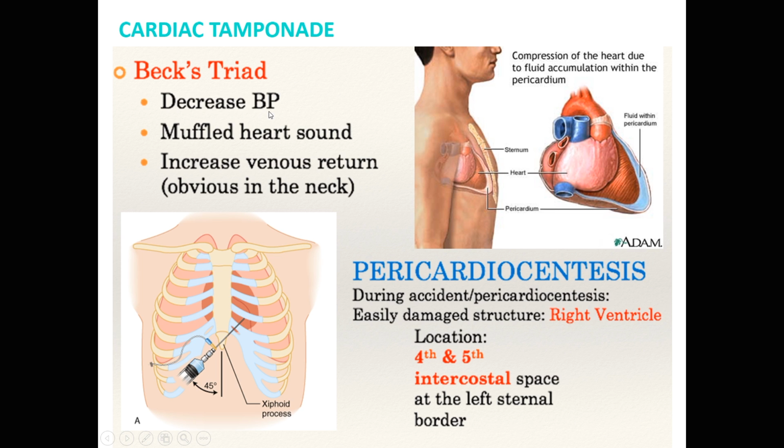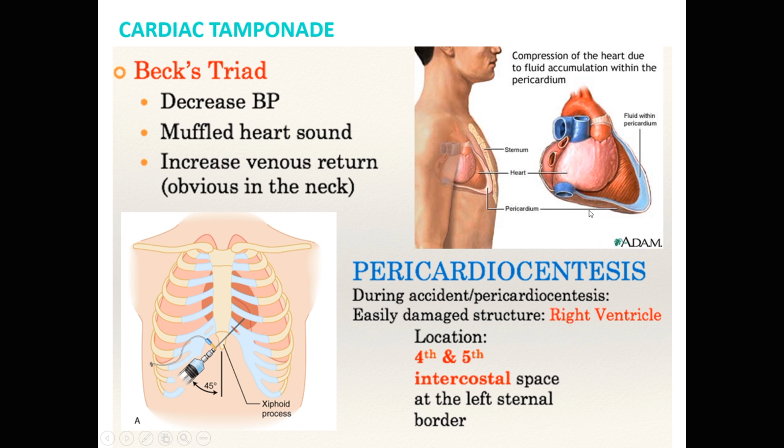They have decreased blood pressure. Why? Because this fluid fills a space that can't go anywhere, so it pushes in on the heart. If the heart gets pushed in, it can't fill with enough blood to push out enough to your system. Therefore, it has very little blood, and your blood pressure is going to be very low.